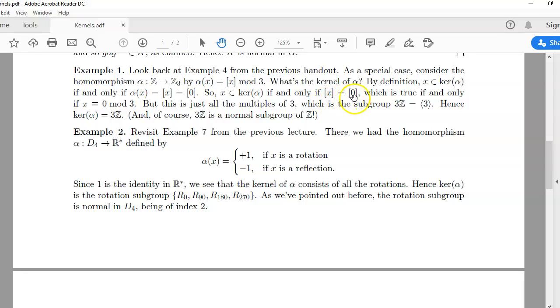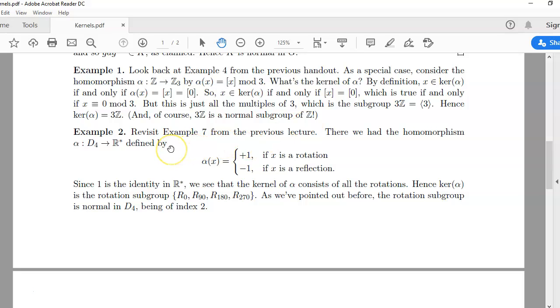But that happens if and only if x is congruent to 0 mod 3. Who's congruent to 0 mod 3? That's just all the multiples of 3, the subgroup 3Z, generated by 3. Hence, the kernel of alpha must be that subgroup 3Z, and notice, of course, 3Z is a normal subgroup of Z, so everything seems to be working here.